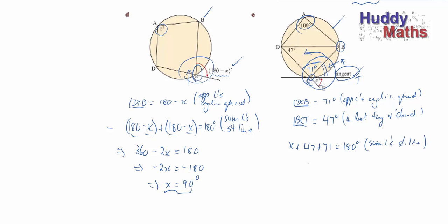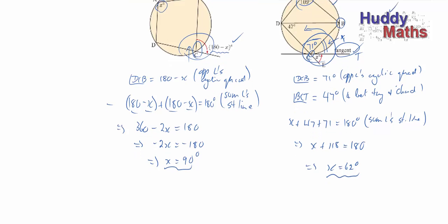Okay, so now that implies x equals, what's this? 47 plus 71, I'll do that first. x plus 118 equals 180, and therefore x is 180 take 118, which is 62, sorry. Okay, so can you see, you just work carefully through each of the pieces of given information and put it all together, and you've got to have a good knowledge of theorems though. Okay, so let's go on now and try some more of these.